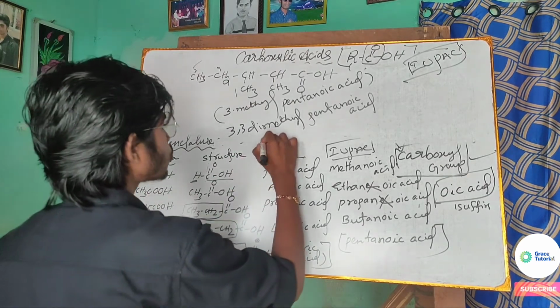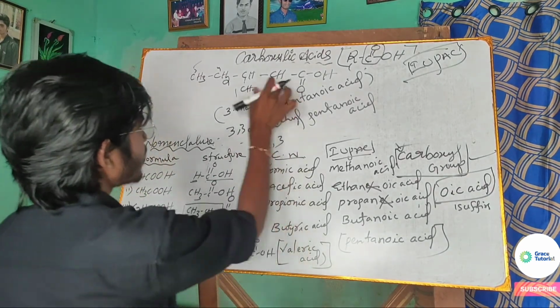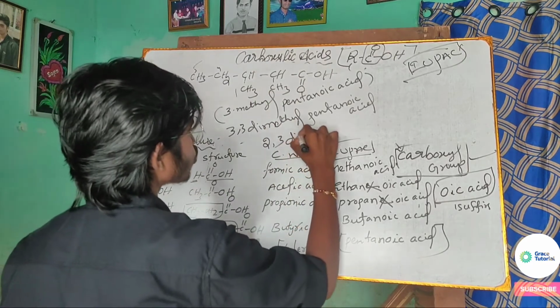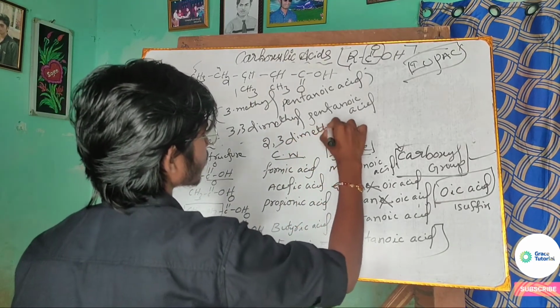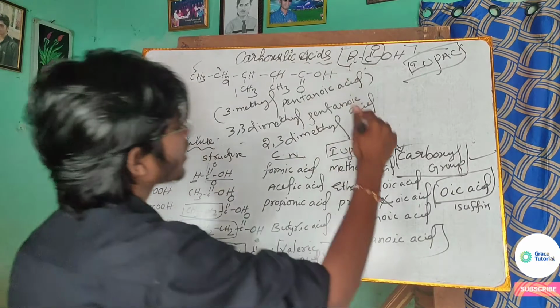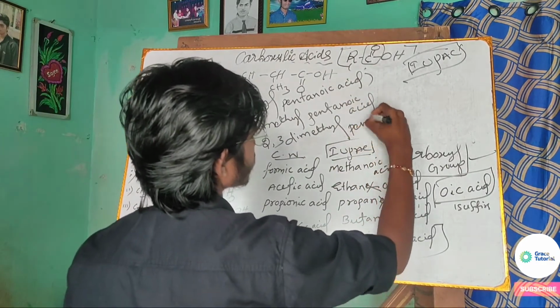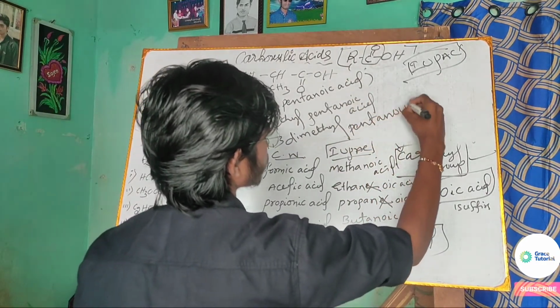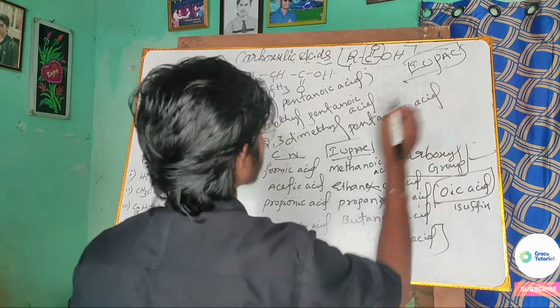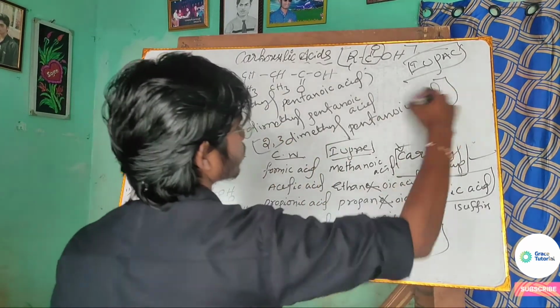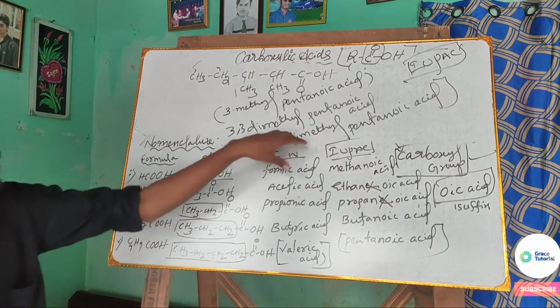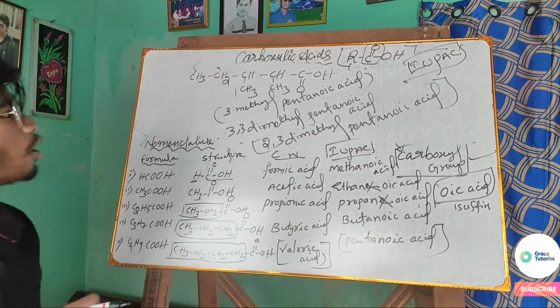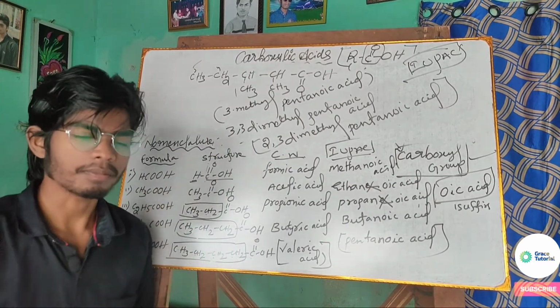So what do you say? 2,3 dimethyl, because 2 methyls are there, and the main chain is pentanoic acid. So this is the name of the compound on the basis of the IUPAC system.